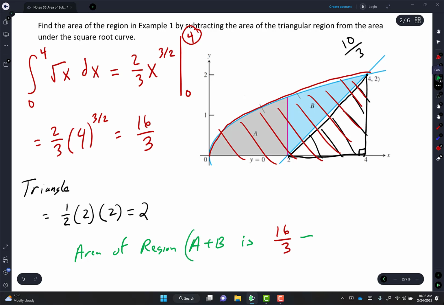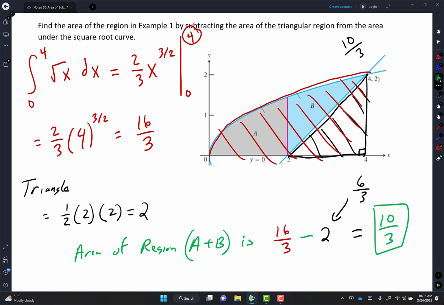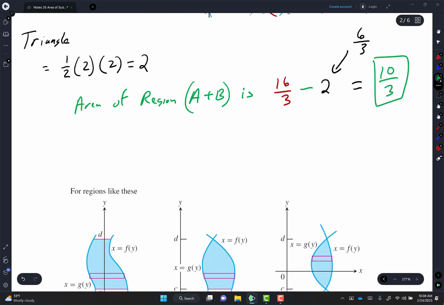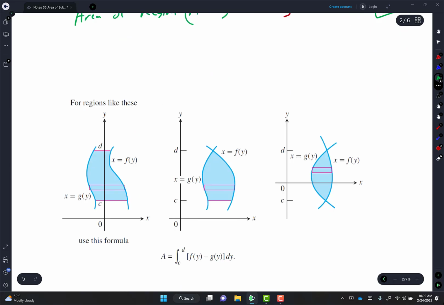That's the same region, minus 2, which 2 we said is the same thing as 6/3, and look at that. 16 minus 6 is 10, so 10/3. Did I get the same answer as before? Was that a lot less work? Yes. Cool, right? All right. Don't freak out. Relax.